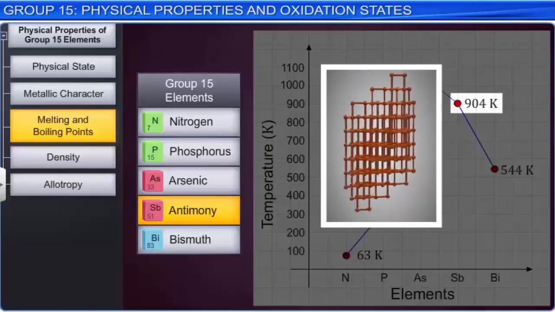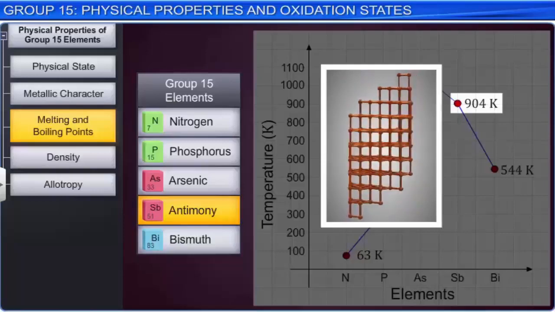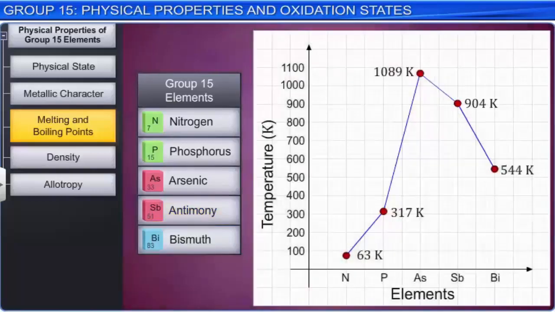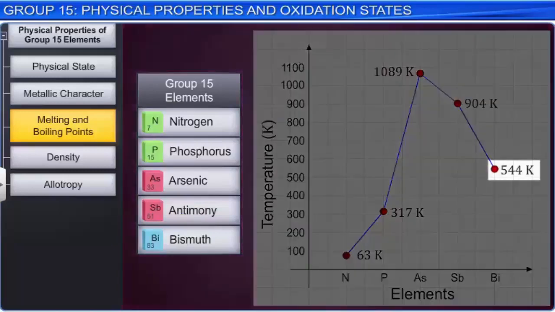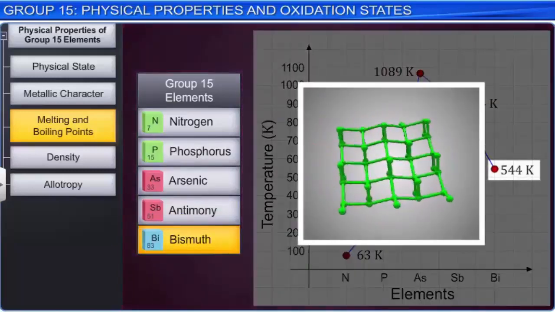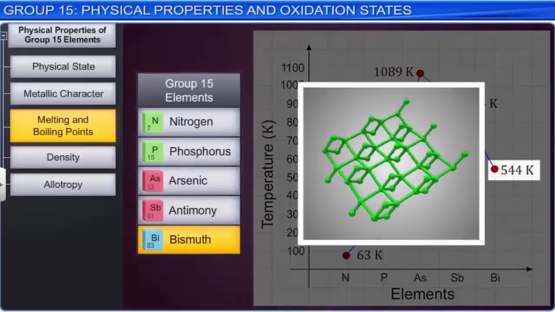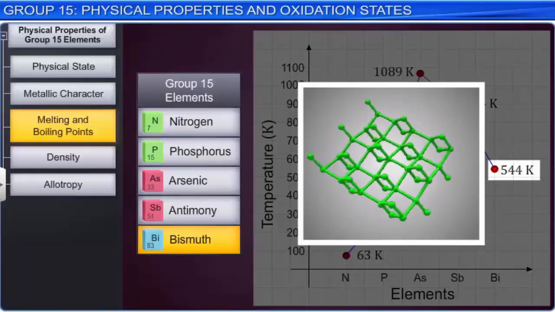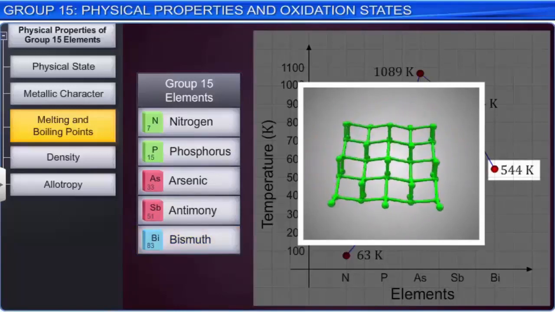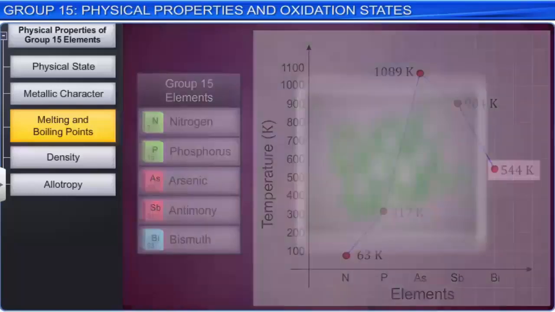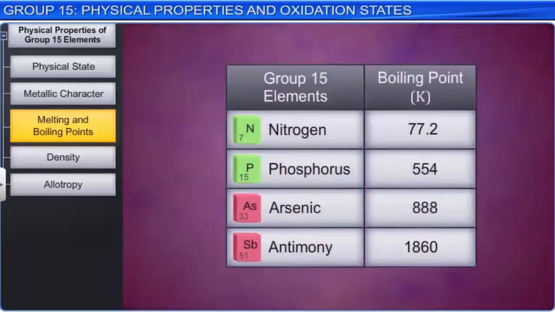Furthermore, the melting point of bismuth is less than antimony due to the loose packing of atoms by metallic bonding. On the other hand, the boiling point gradually increases from nitrogen to antimony, as shown in the table here.